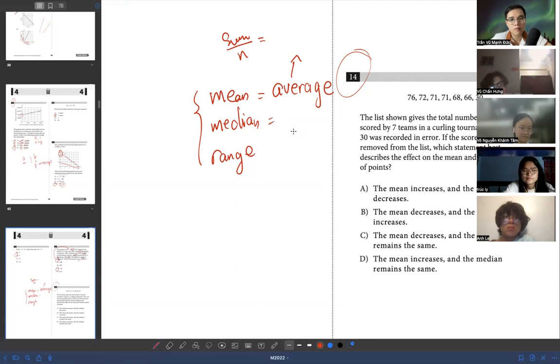Right, how about the median? Median is the middle number. Yes, exactly. The middle of what list?